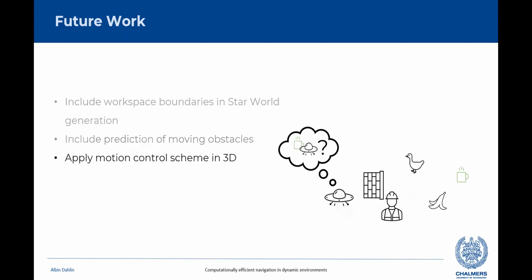And finally, up until now, we have only considered 2D scenarios, but all the developed submodules support 3D implementation, and it should, in theory, be quite straightforward to apply the motion scheme in 3D to actually investigate if this is applicable in practice, like in terms of computational effort and so on, could be of interest. And the scheme could then be used, for example, to plan motions for UAVs.